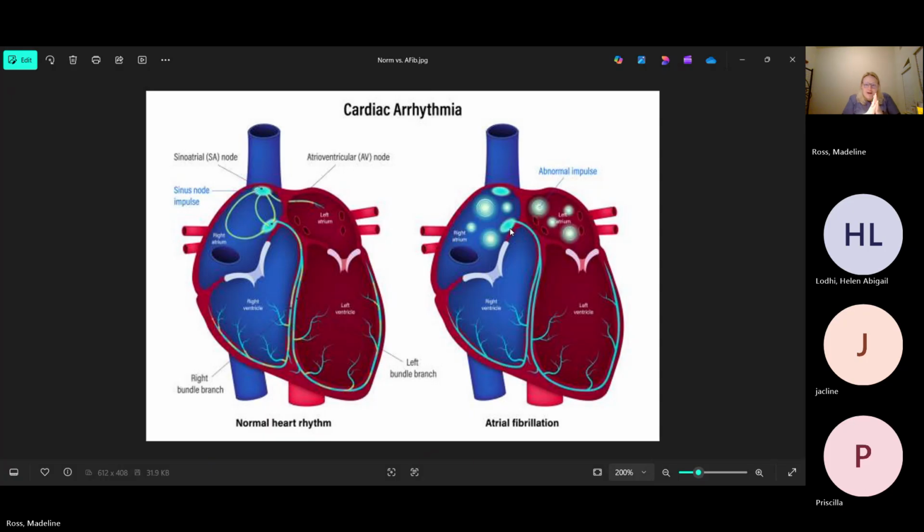So what's weird is you can start growing these little bundles of electrical cells all over your atrium, and where they're starting to find they originate from is your pulmonary arteries and veins, which they don't understand why.